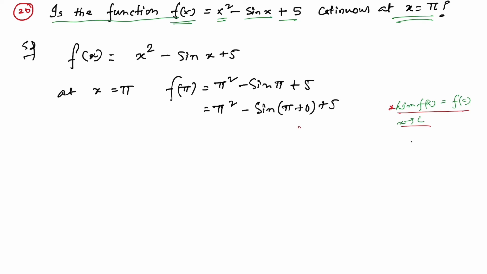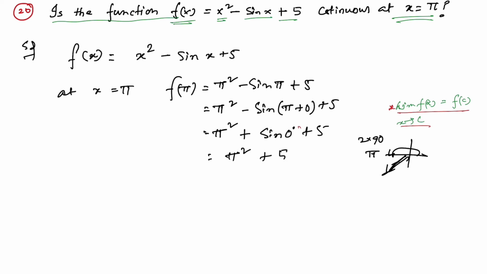If you apply the ASTC rule, pi plus something is in the third quadrant. Since pi is an even multiple of 90, sin remains sin, but in the third quadrant it will be negative, so we get minus sin 0 plus 5. Sin 0 is 0, so pi square plus 5 is the f of pi. Now let's find the limit of this function.